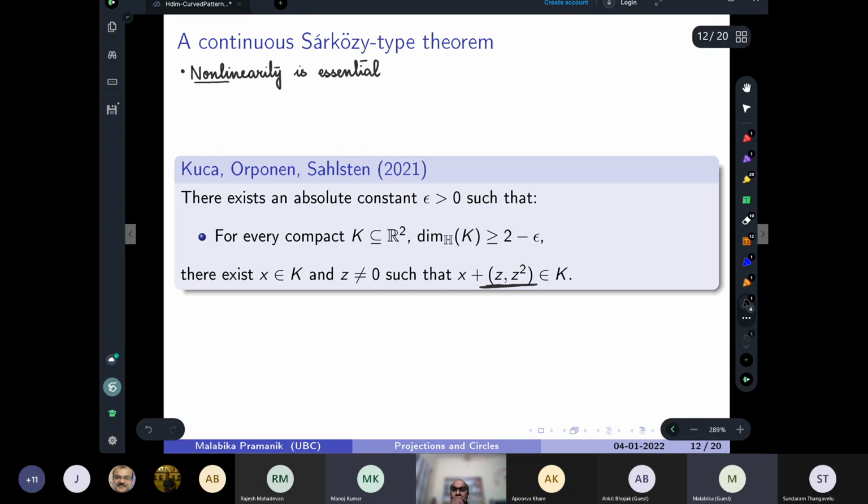That's because one knows that there exist graphs gamma, and by a graph I mean a set of the following form x comma f of x, x in 0, 1, a subset of the unit square with Hausdorff dimension 2.